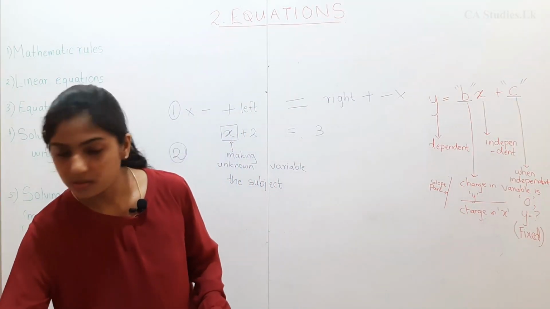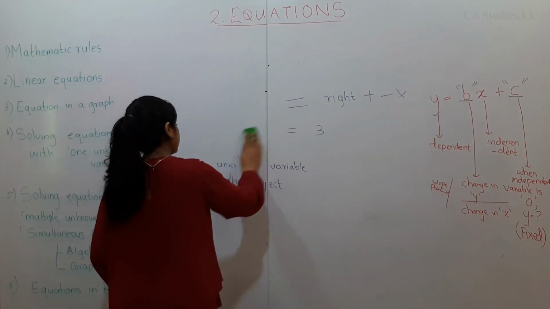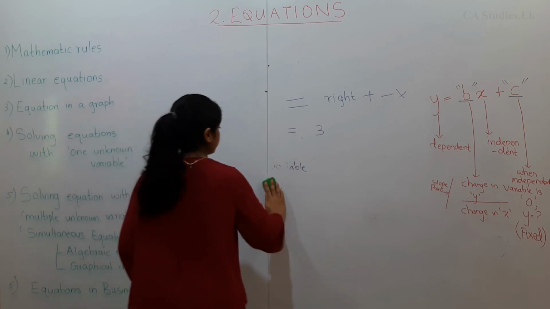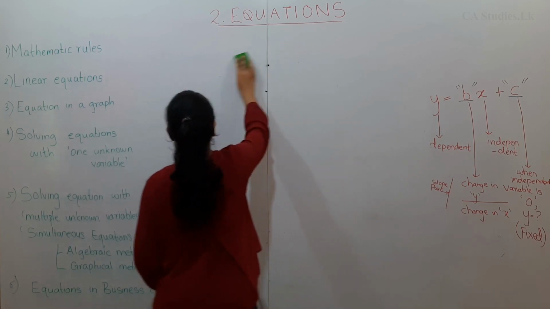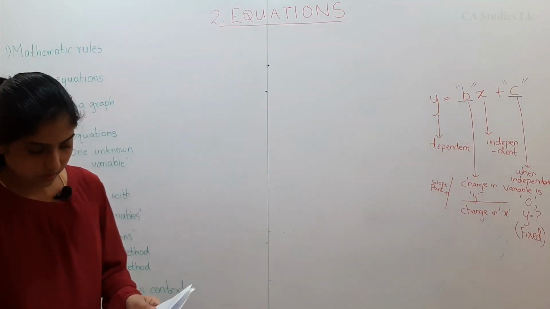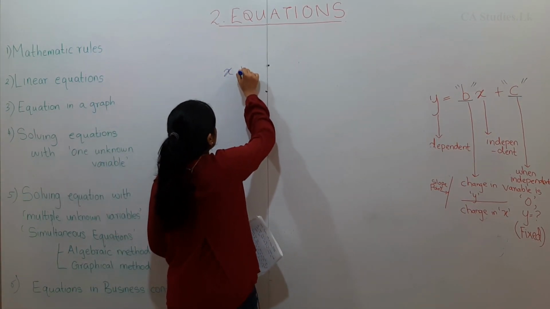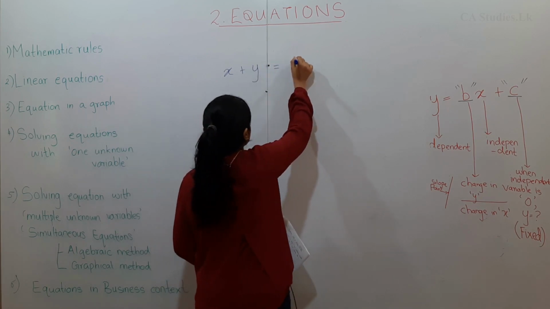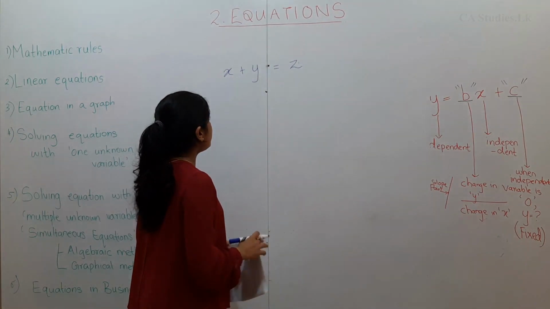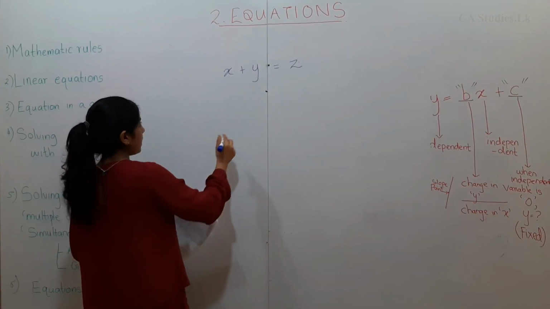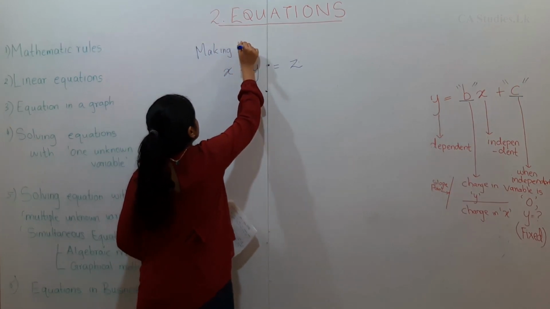Okay, look at the examples that I have given. In a situation where x plus y equals z, now how to make the subject is what we are going to look at. We want to make y the subject.